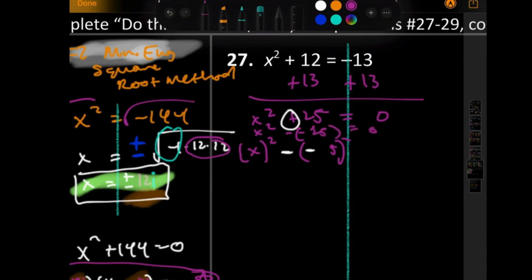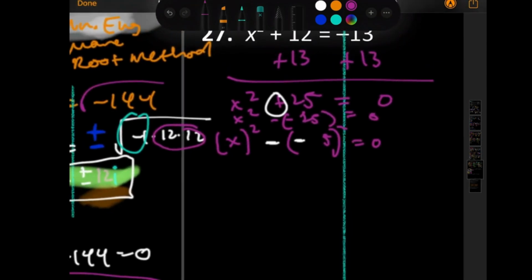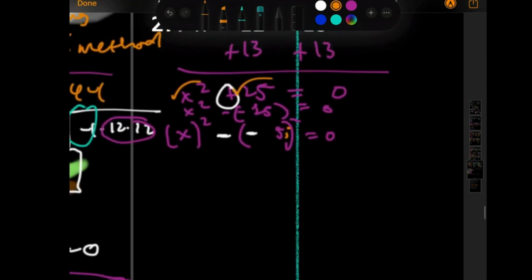And then if you want to, we have to kind of take the square root of both x squared and 25, which gives you the negative 5. And I forgot the i. So let's double check that really quickly.